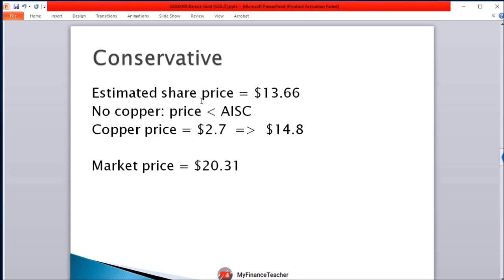Meaning that if we were to see a substantial drop in gold price all the way from $16.50 down to under $1400, then we would likely see the price of Barrick gold drop quite a lot as well. But whether you think a drop in gold of more than $250 is very likely or not, that is a different question. That's why this is our conservative valuation.